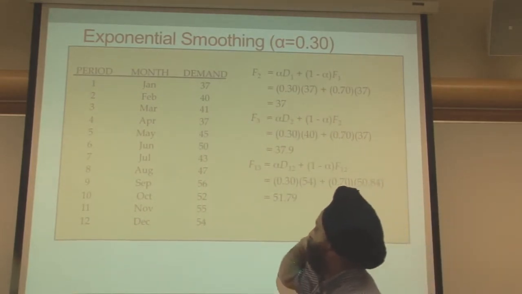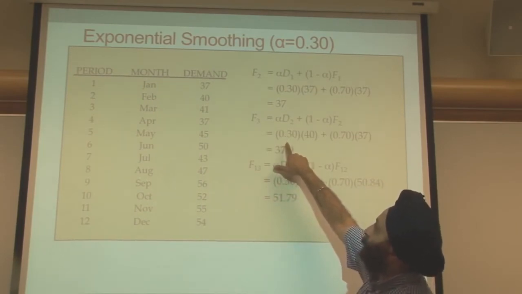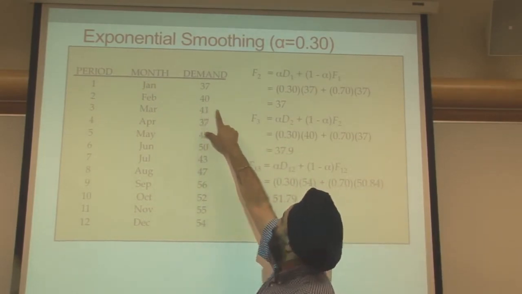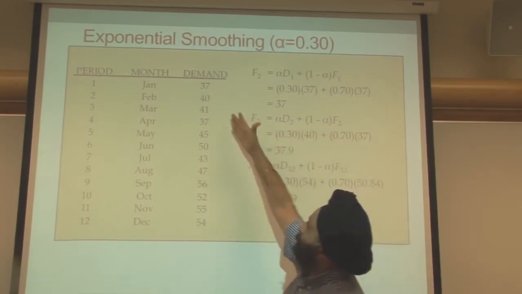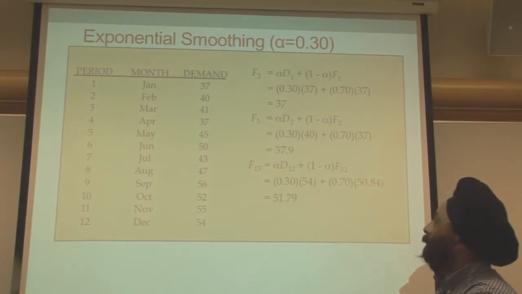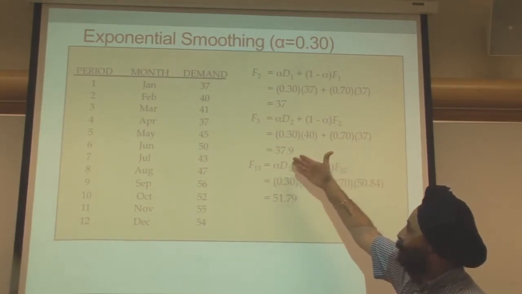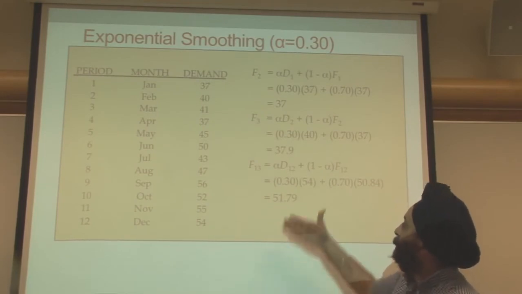And then for March, that's where you'll see some changes happening. Now you're using 0.3 of 40 and 0.7 of the forecast F2, which is 37. And this sum product comes out to be 37.9. And then you continue doing this all the way down.